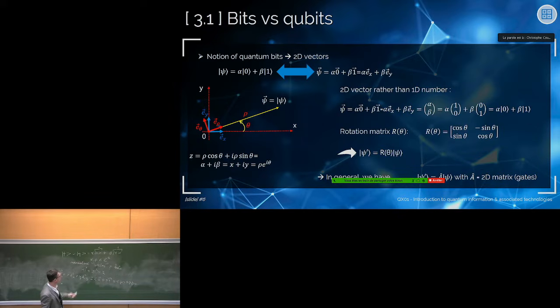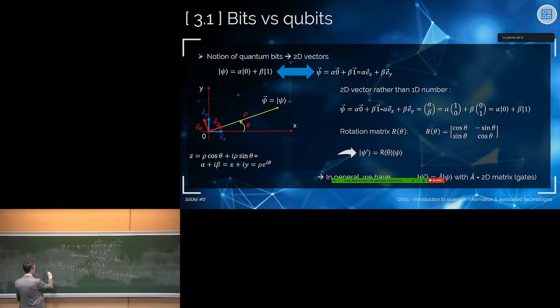And from then, so those are 2D vectors. Therefore, that means that this ket psi, a qubit, can be written as alpha (1, 0) plus beta (0, 1), where this would be the 0 vector and this would be the 1 vector.